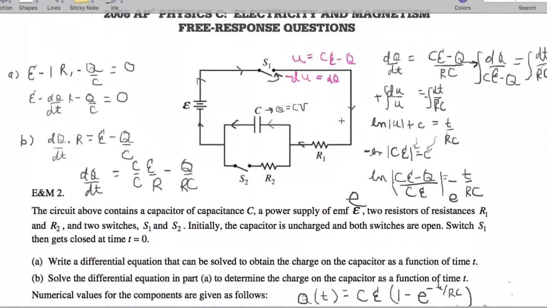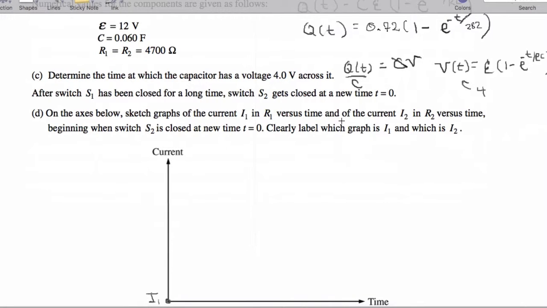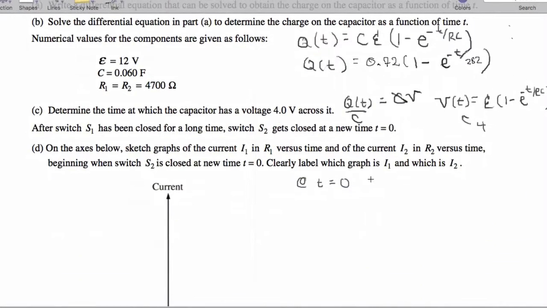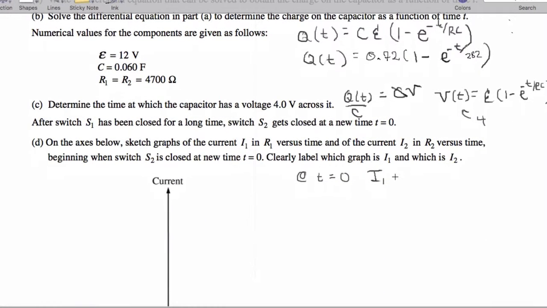Now, for part D, we need to be really careful about what's going on. So let's write a couple facts down. At this new t equals 0, let's just be clear on a couple things. For part D, first, I1 is still going to be 0.